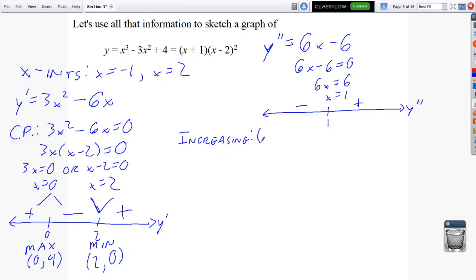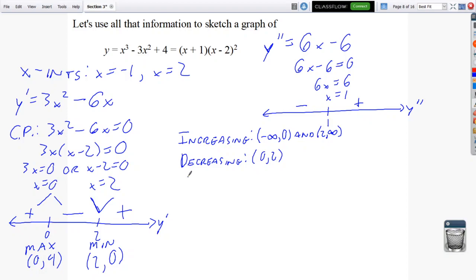My increasing interval is going to be from -infinity up to 0 and 2 up to infinity. My decreasing interval is going to be wherever my first derivative is negative. So from 0 to 2.